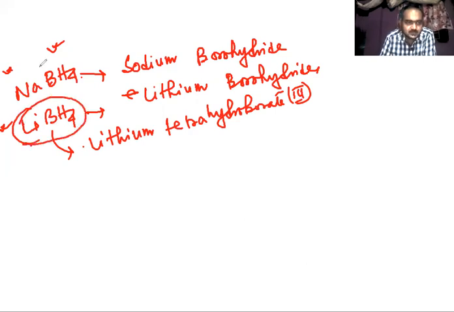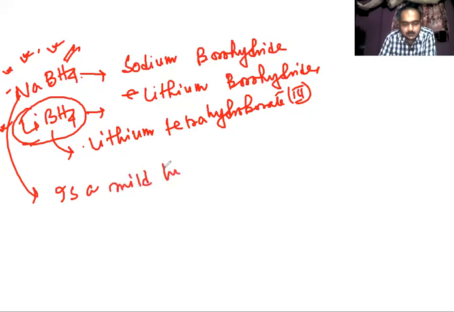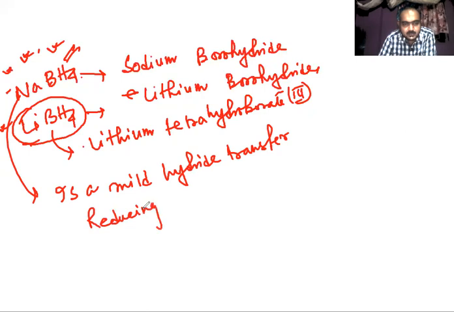So these hydrides are actually most important. You can form some other hydrides with the help of these kinds of hydrides. NaBH4 is a mild hydride transfer reducing agent.